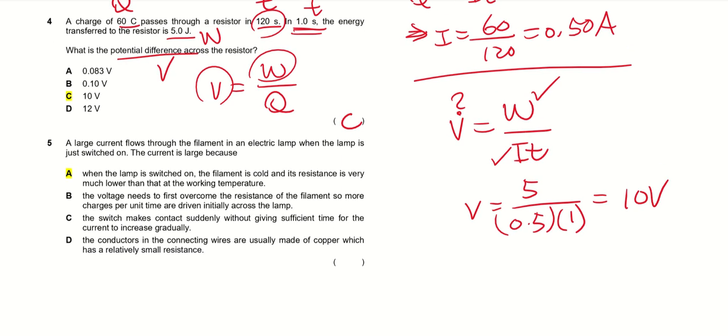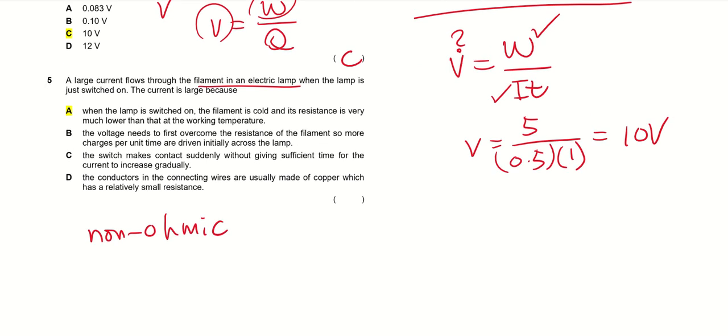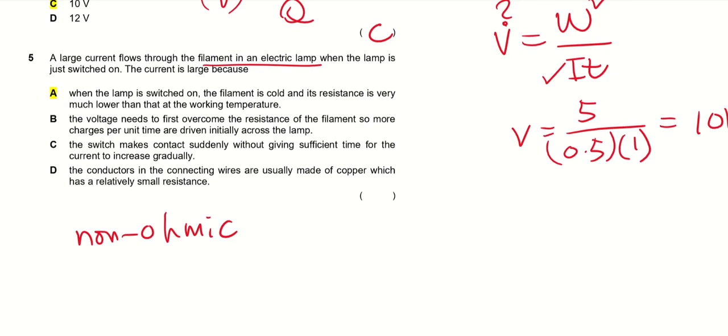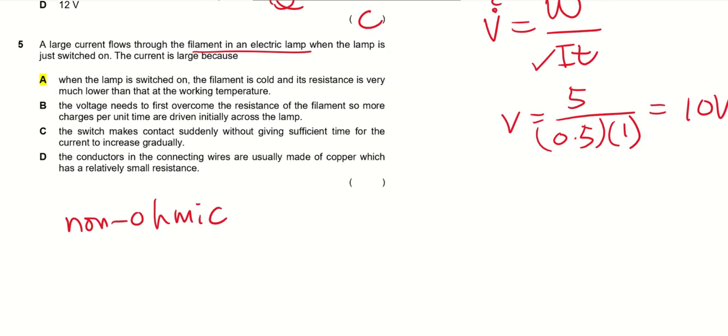Okay, a large current flows through the filament in an electric lamp. So the filament in an electric lamp is non-ohmic, right? Non-ohmic. So that means the resistance will change based on the physical conditions such as temperature. So when the lamp is just switched on, it's cold, right? It's not as hot.